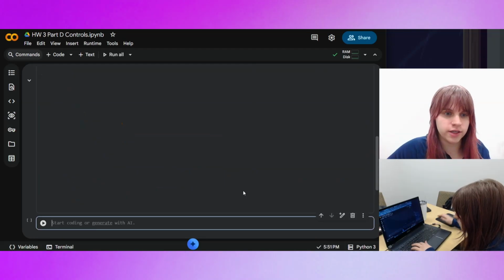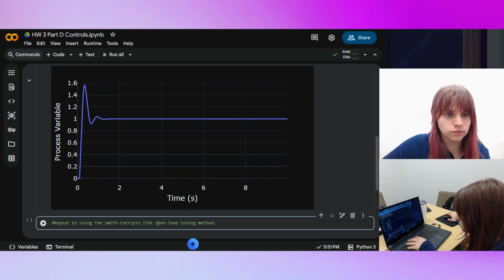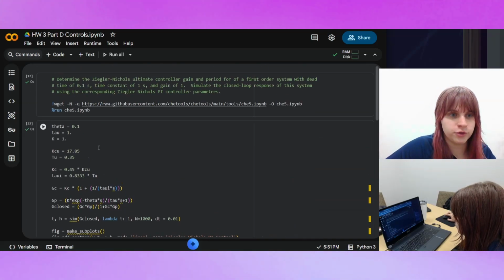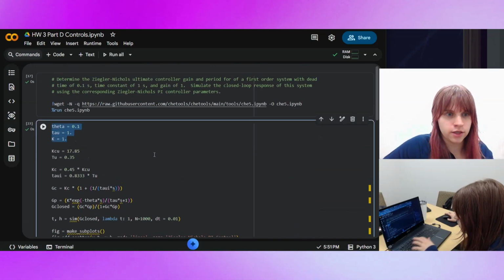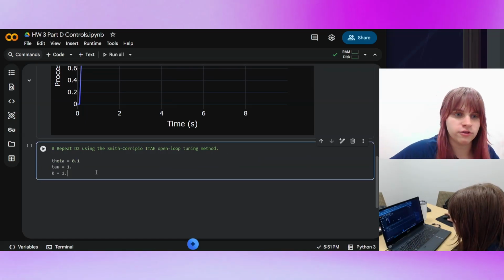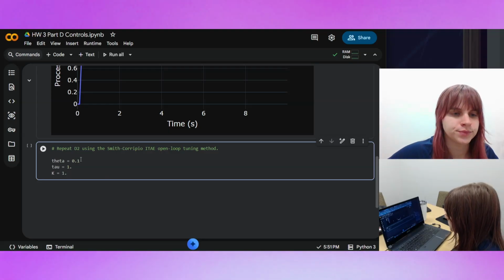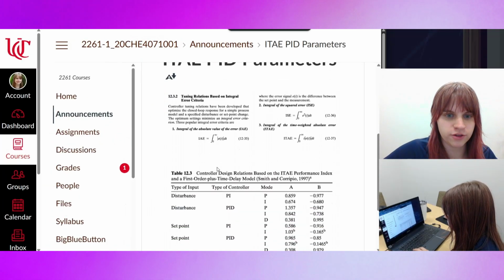So I'm going to start a new block here. Just for my sanity, I'm going to copy and paste those givens so that I have them in this code all together. These are those parameters that we need to follow.